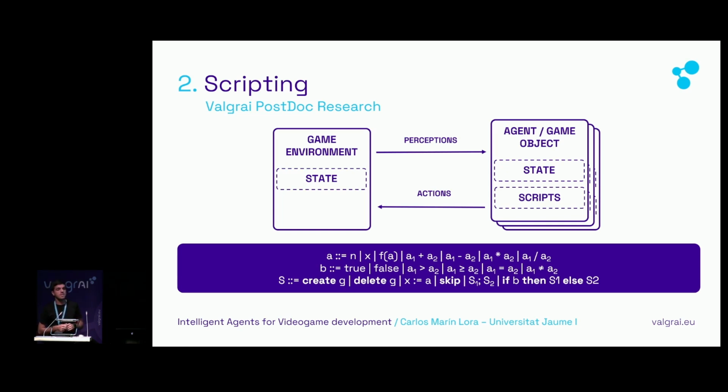And we achieve this with just 4 actions, which are the CRUD methods of databases: create, read, update, and delete. And just one selection element, that is the if-then-else structure.